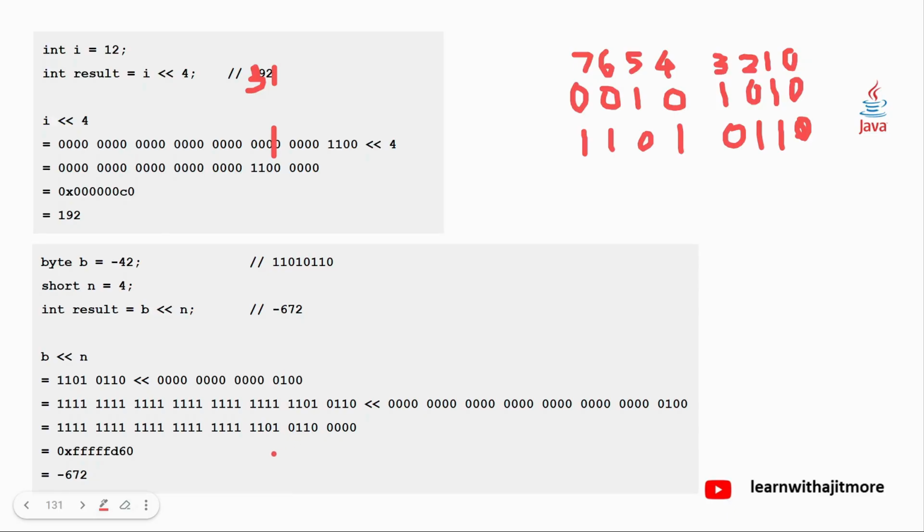Now, if you want to find out the decimal of this, are we supposed to directly convert to decimal, guys? Or are we supposed to first convert to 2's complement? Can anyone answer? Check first. Am I supposed to directly convert this whole thing to decimal, or first I have to convert this to 2's complement?